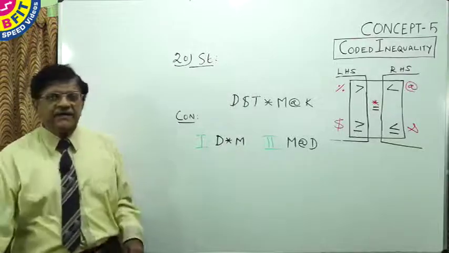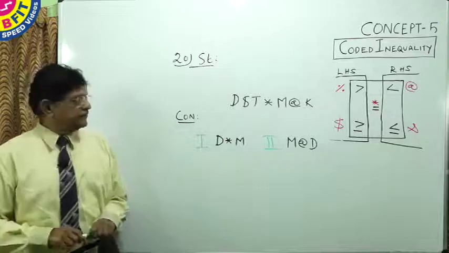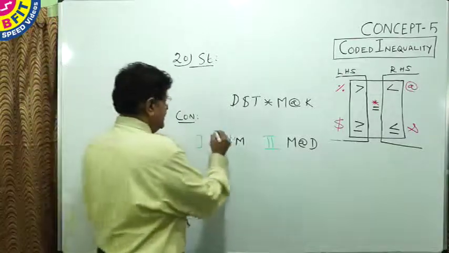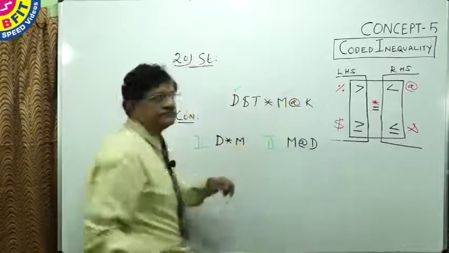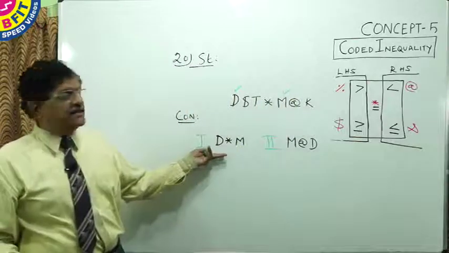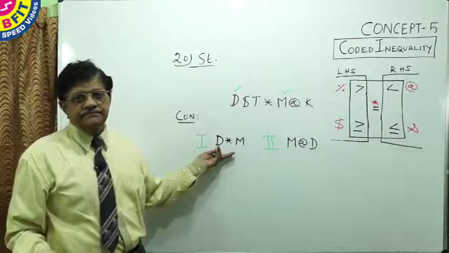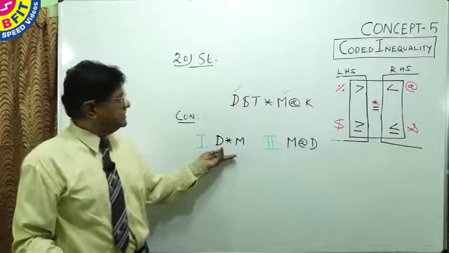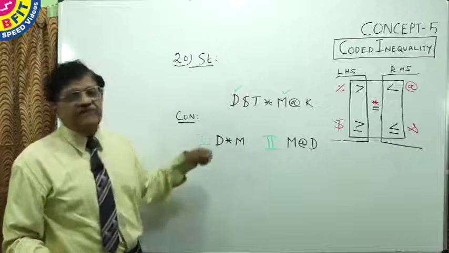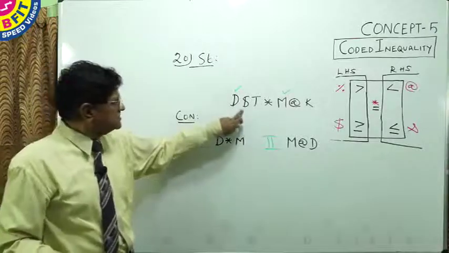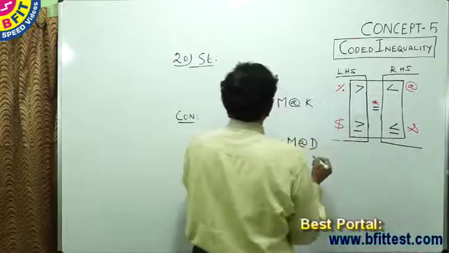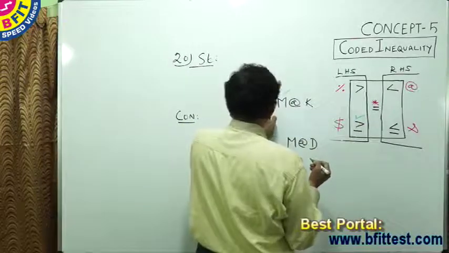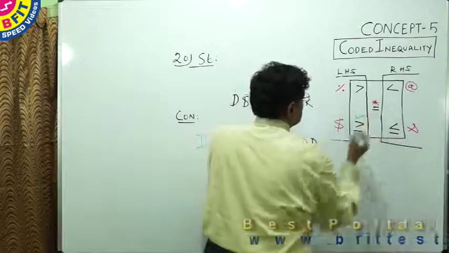What are the elements in conclusion 1? D and M. D is here, M is here. So the conclusion is already aligned. Now we have to only verify the symbols using the magic box. What is the symbol? Dollar is greater than or equal to, and star is equal to.